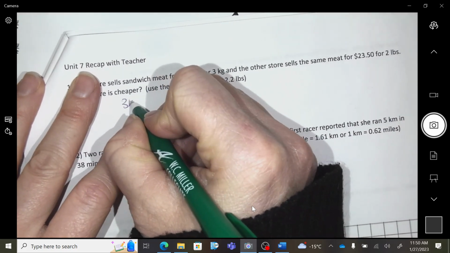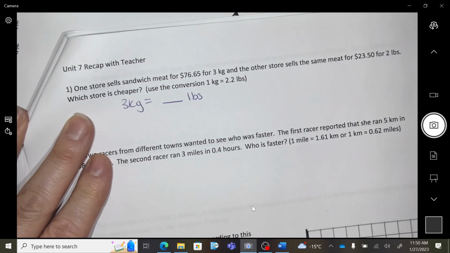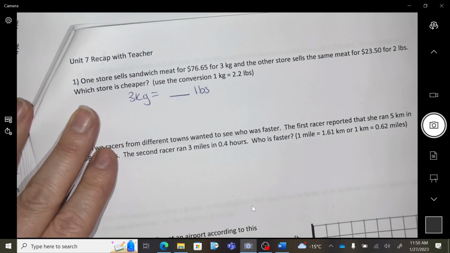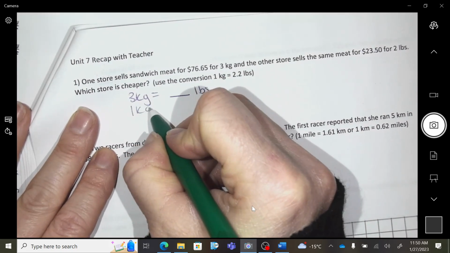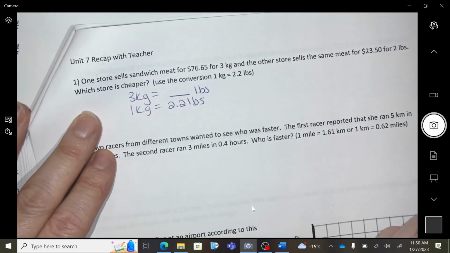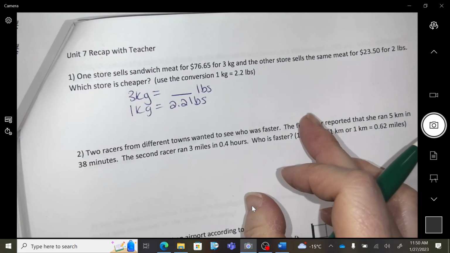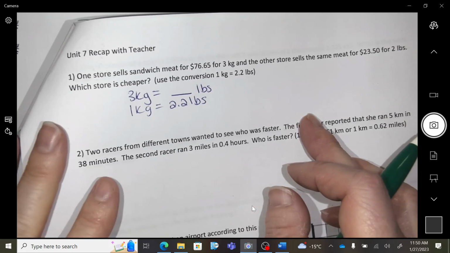So I'm going to go 3 kilograms equals blank pounds. And then I'm going to write, remember with proportions, you have to have them lined up on top of each other. Kilograms have to be on the same side as kilograms.